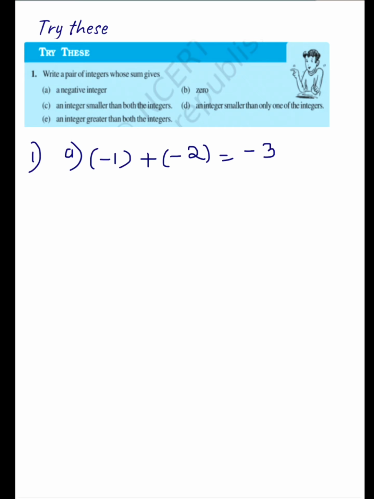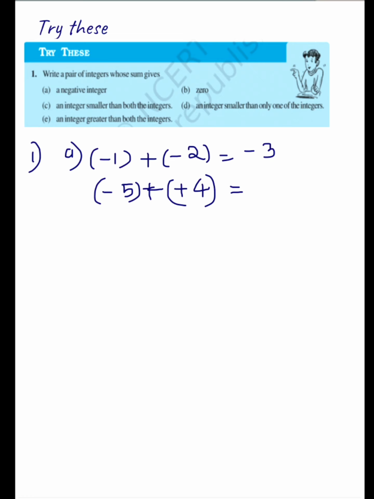There are some other examples also where you will get the answer as a negative integer. For example, if you are taking a higher number with a negative sign and a smaller number with a positive sign, and you are adding them, here you can see that both are having different signs, so you have to subtract them.